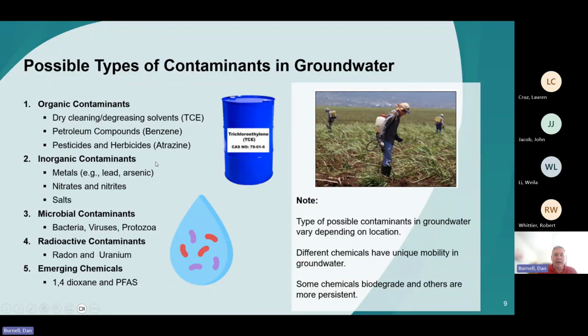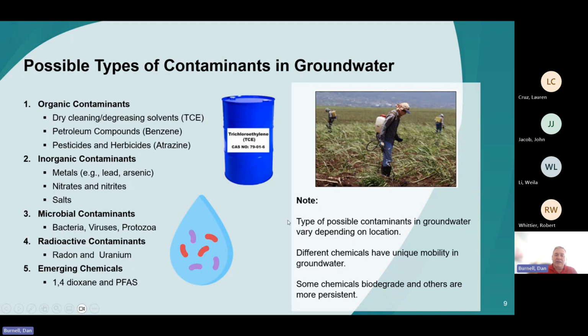In addition, we can have inorganic chemicals and contaminants like metals, like lead and arsenic and other types. There can also be bacteria and viruses in the water, and also radioactive chemicals, and some of the new types of contaminants that have been detected are 1,4-dioxane and PFAS.